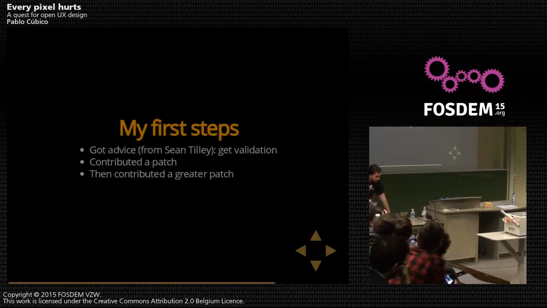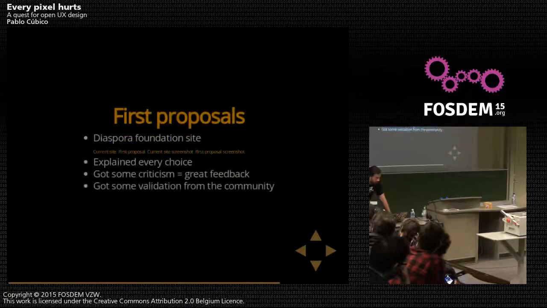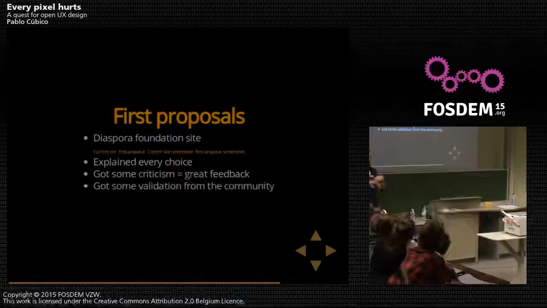So I contributed a patch, then contributed a greater patch, and then I started with really shaky stuff, like changing the whole Diaspora Foundation site in one step without asking anyone, which is the exact opposite of what I said in this talk. But that was a good one, I'll show you very quickly what the current site is.